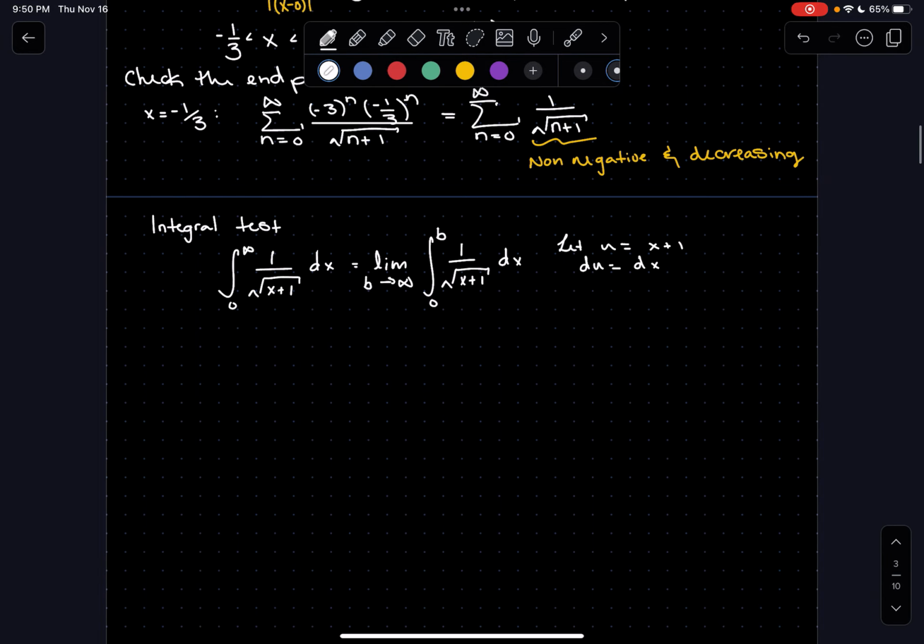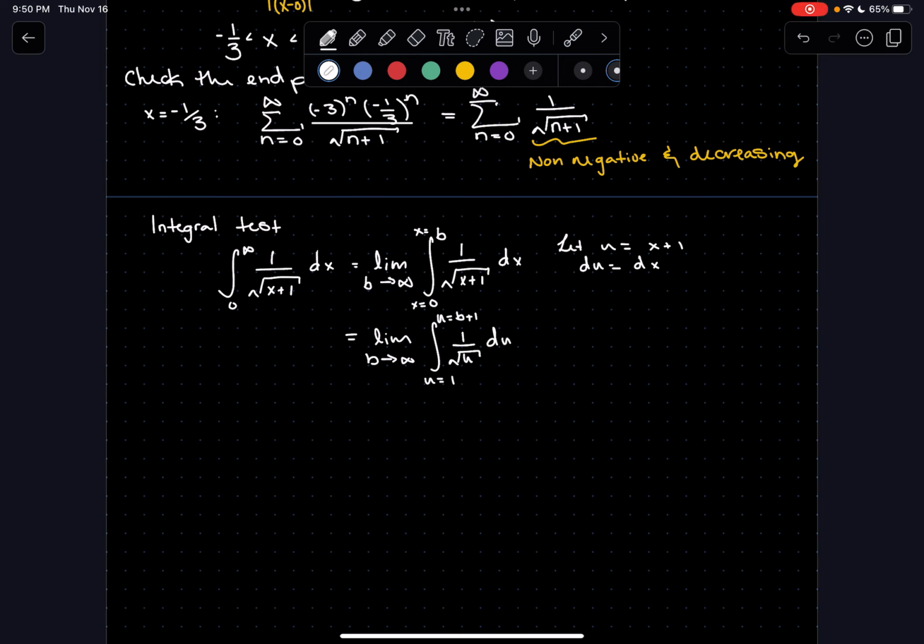So then my limit is still b going to infinity. This was x equals 0 to x equals b, so this is going to be from u equals 0 plus 1, which is 1, to u equals b plus 1 of 1 over the square root of u du, right?